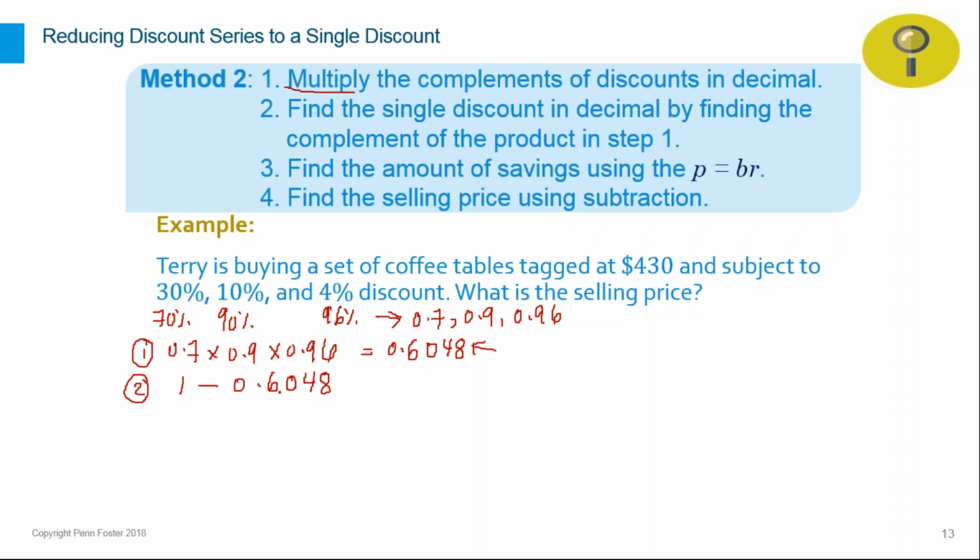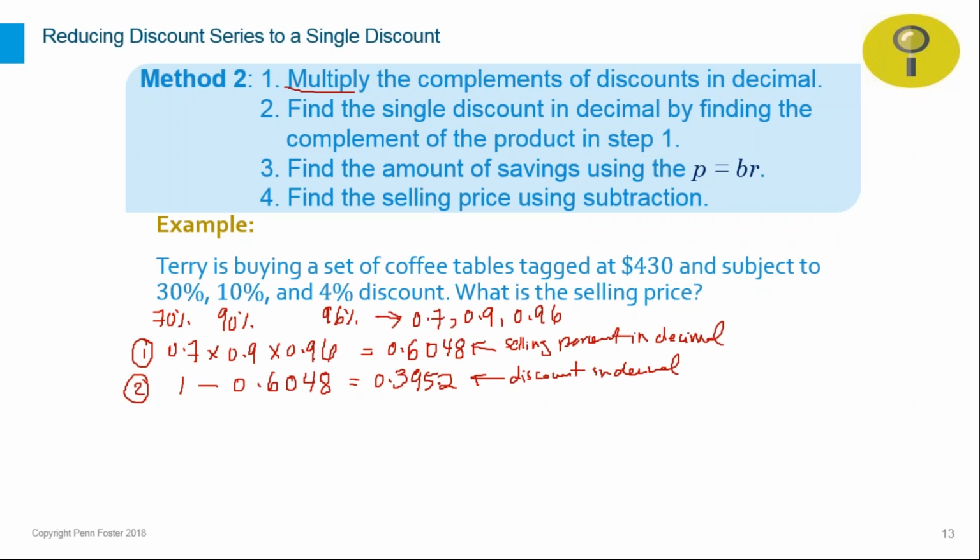The same thing, 1 minus the decimal will give us the complement, which is going to represent the single discount in decimal form. 0.3952. So that is the discount in decimal, and that is the selling percent in decimal.